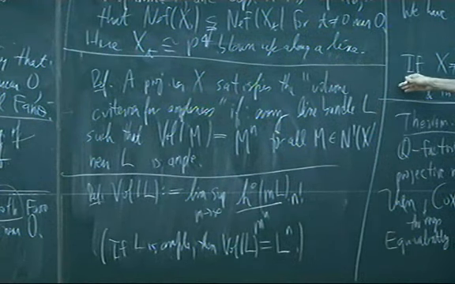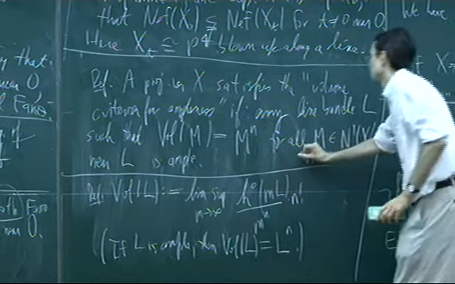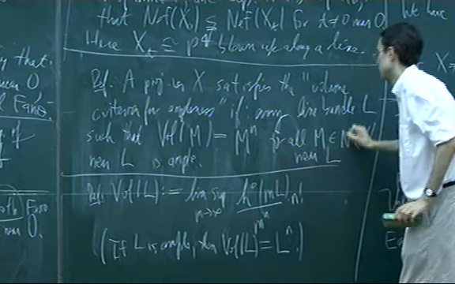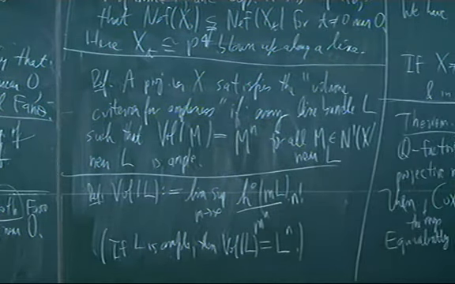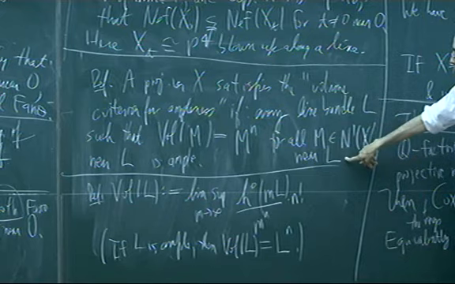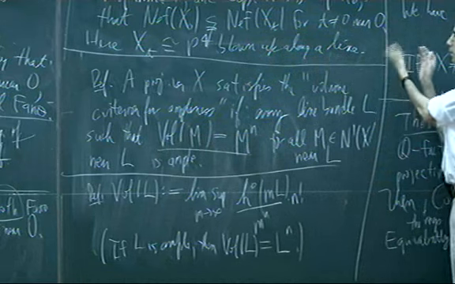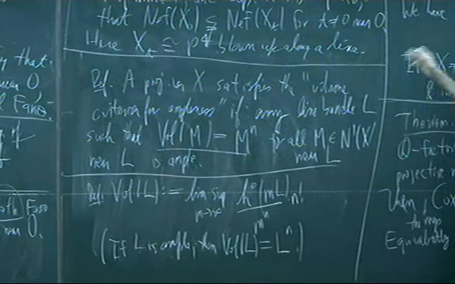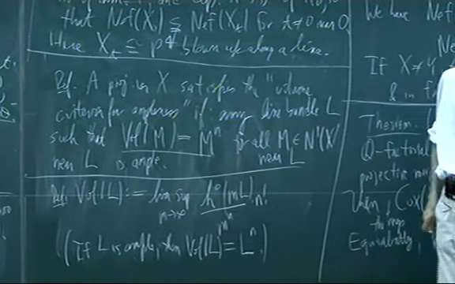Okay, so I hope this makes sense. Sorry, I screwed up that statement. If this holds for all M in some neighborhood of L, then I want to conclude that L is ample. You see the point. If L is ample, then all the line bundles near L are also ample, and therefore they satisfy this equality. So X satisfies the volume criterion for ampleness if every line bundle that satisfies this condition is actually ample.